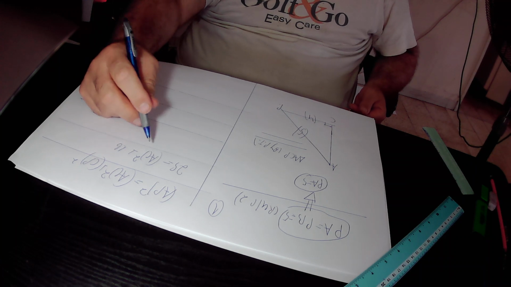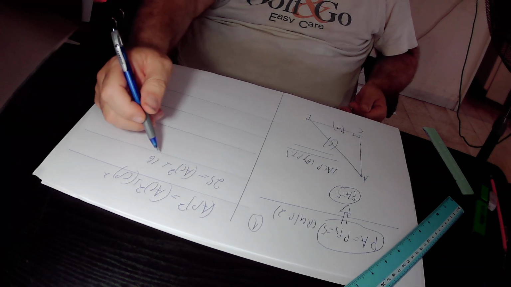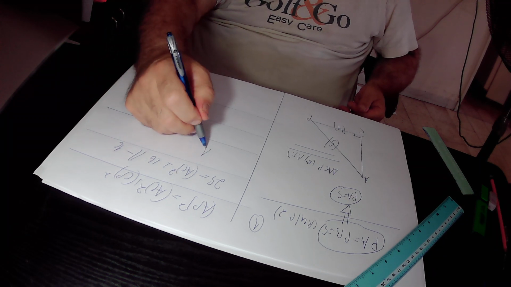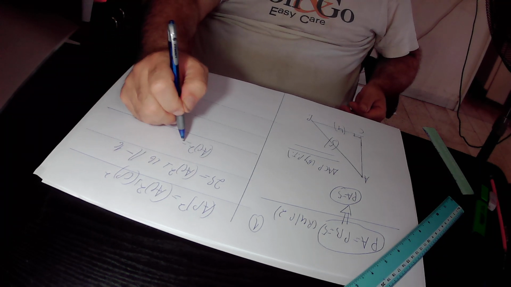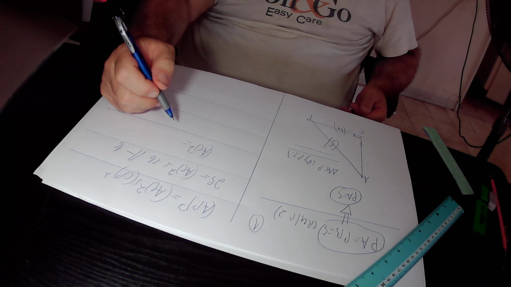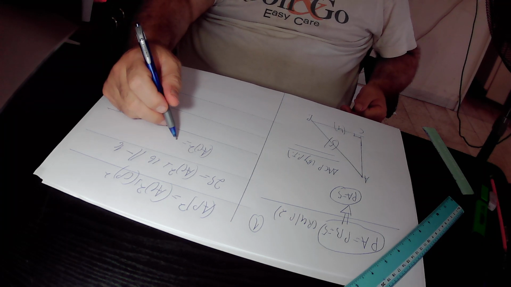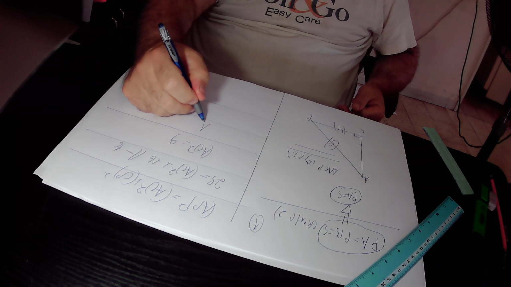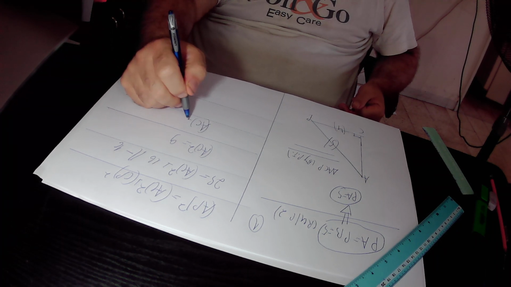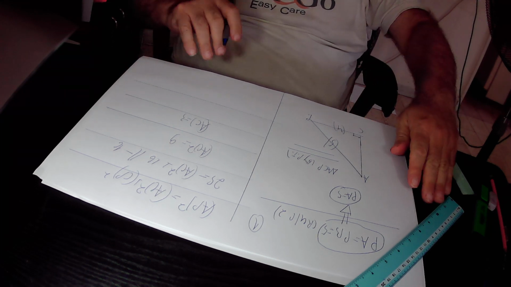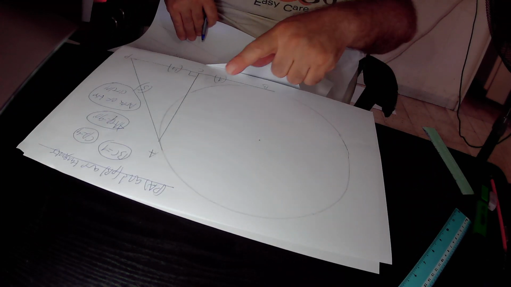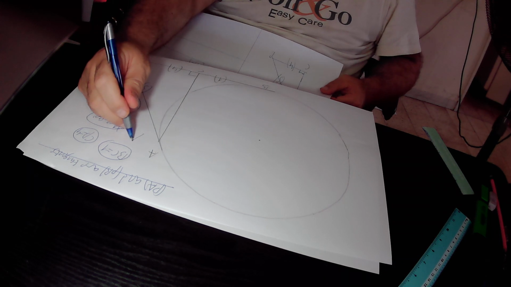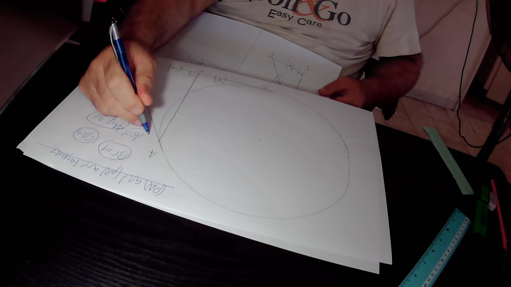So in total we found that 25 equals AC squared plus 16. Here we subtract 16 from this equation, and finally get that AC squared equals 25 minus 16, and 25 minus 16 is 9, so AC squared equals 9. Here we take a root of this equation, and finally get that AC equals the square root of 9, that is 3. So AC equals 3 units in length. Okay, I know that this side AC equals 3 units in length.